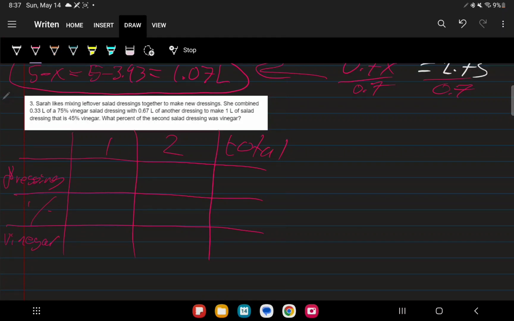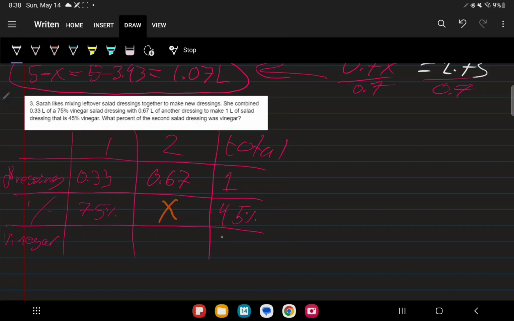So we're combining this 0.33 at 75% with 0.67, and we get 1 liter of about 45%. Okay, what I don't know is this guy. That's x. I can go ahead and fill in these.